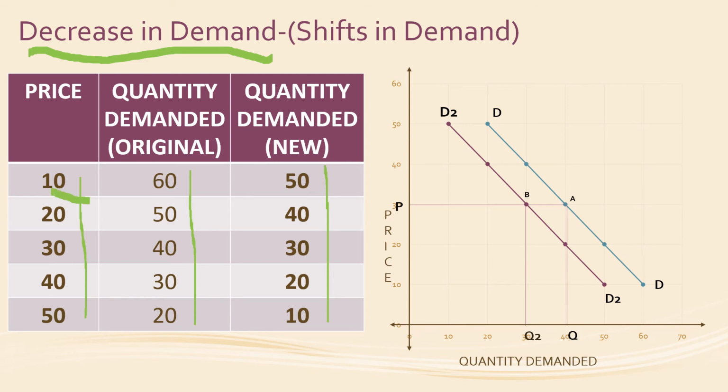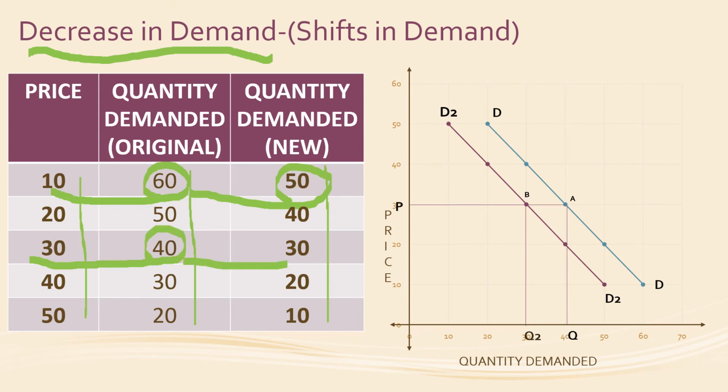At price ₹10, he used to earlier demand 60 units, but now that factors have changed unfavorably, the quantity demanded decreases to 50 units. Similarly, you can see at price 30, earlier the quantity demanded was 40 units, but now the quantity demanded falls or decreases to 30 units.